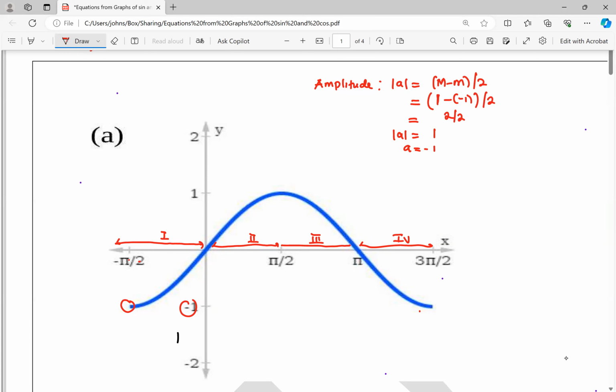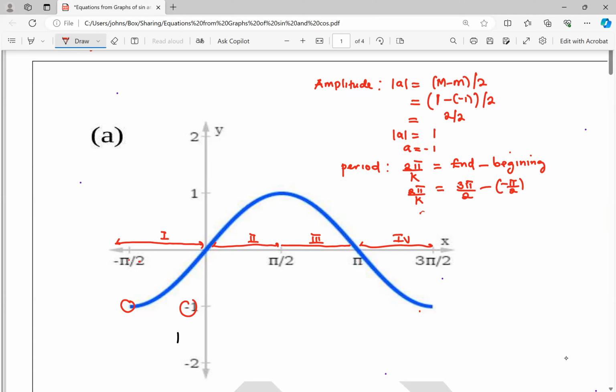So then now we go for the period. And the period, which is 2 pi by k, is nothing but the end minus the beginning. So 2 pi over k is equal to the end. What is the end? The end is 3 pi over 2 minus the beginning, which is minus pi over 2, right?